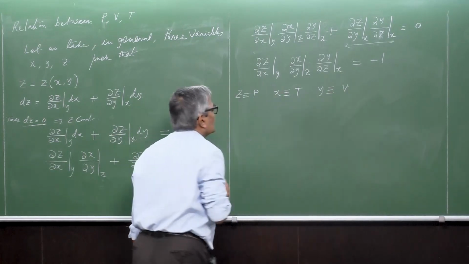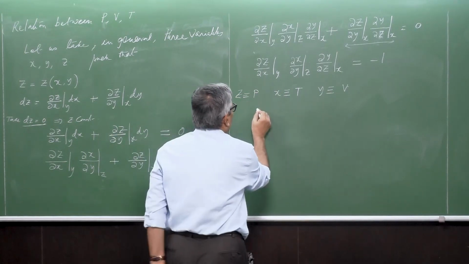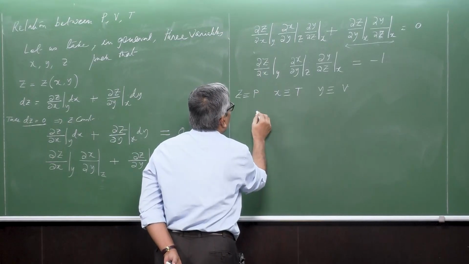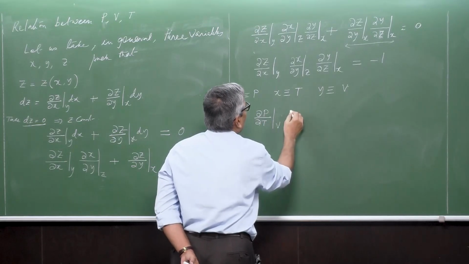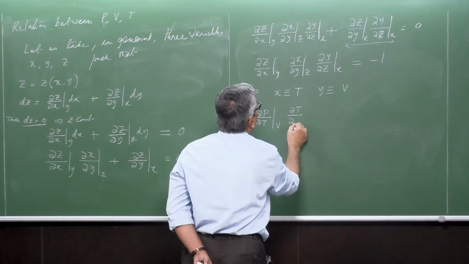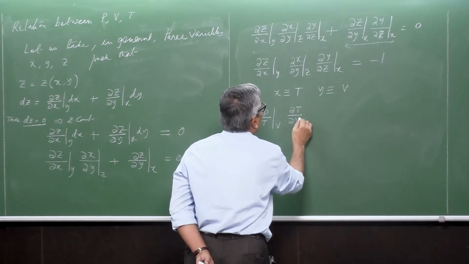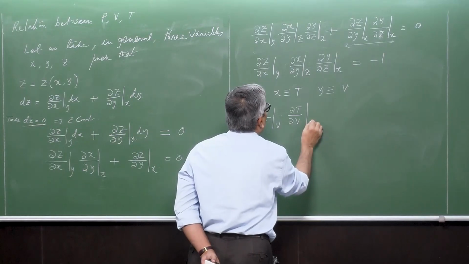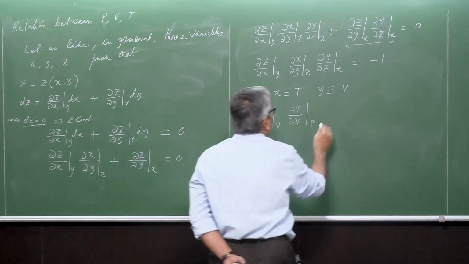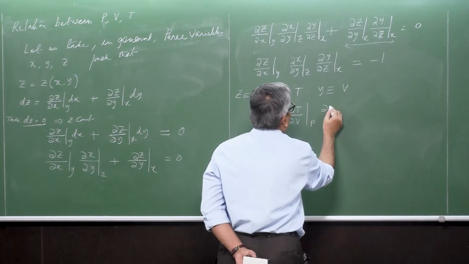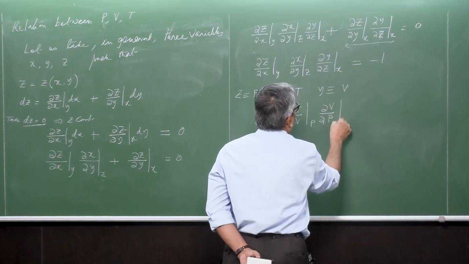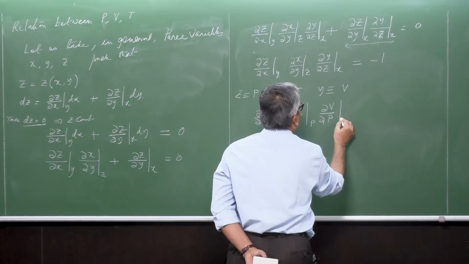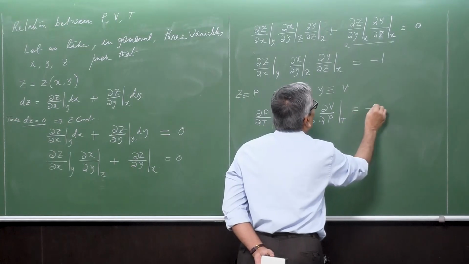I can write it as follows: del P del T at constant volume, times del T del V at constant P, times del V del P at constant T, is equal to minus 1.